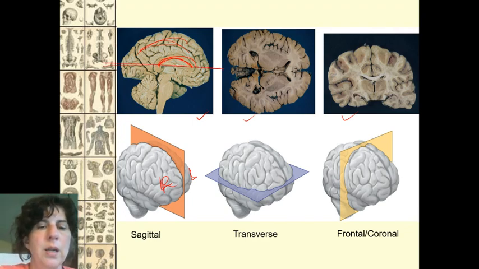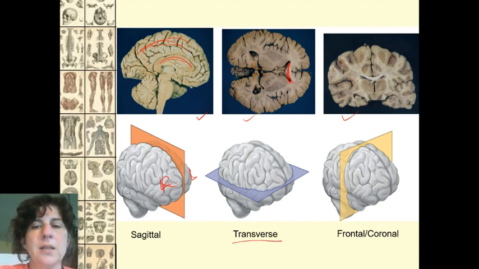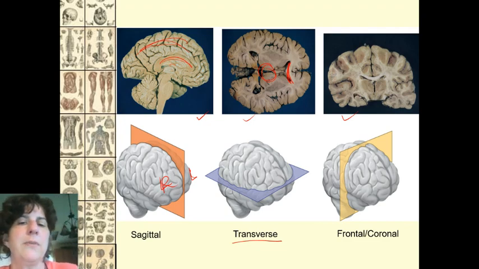So it's the same brain, or it is a brain from a human, but it gives you an entirely different view of it. So where I see corpus callosum right here, this is it right here on this transverse cut. So I get sort of a different view of that. Here's that diencephalon, here's the diencephalon here. So I'm getting a different type of outlook from it. And then frontal coronal, here's that corpus callosum coming across here.